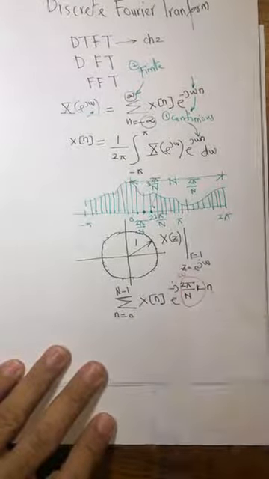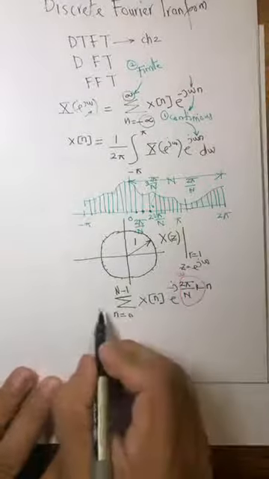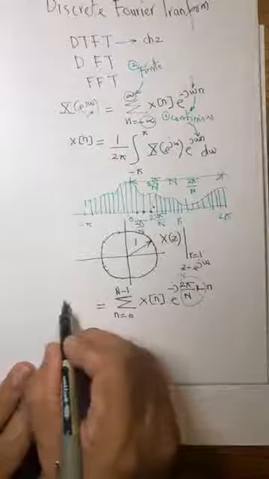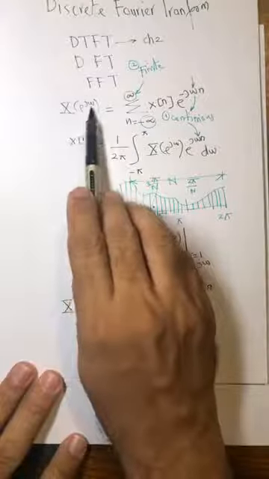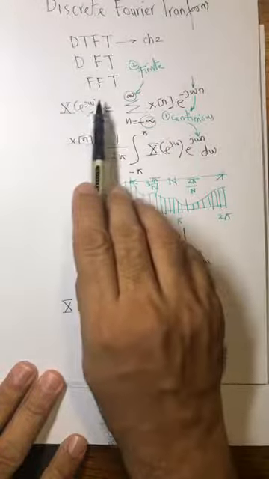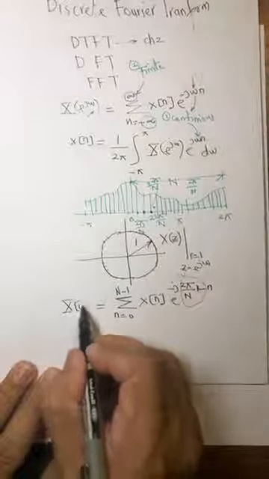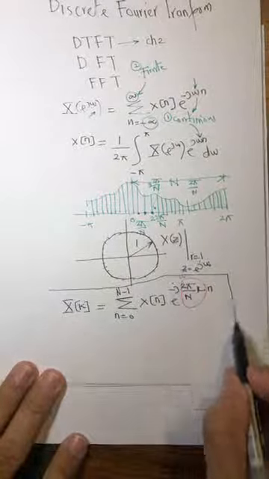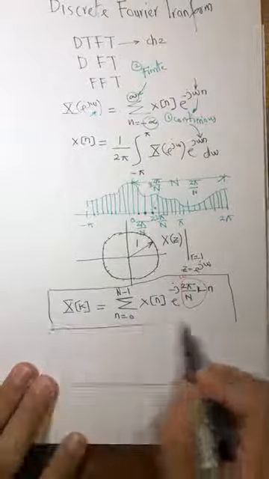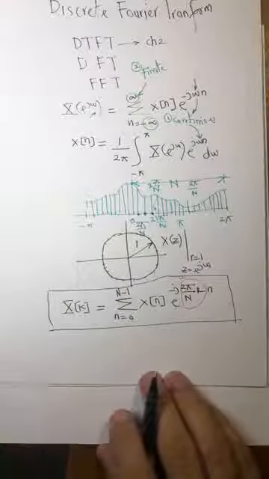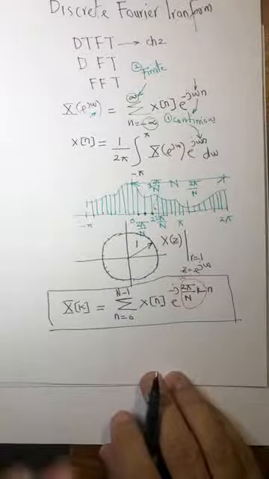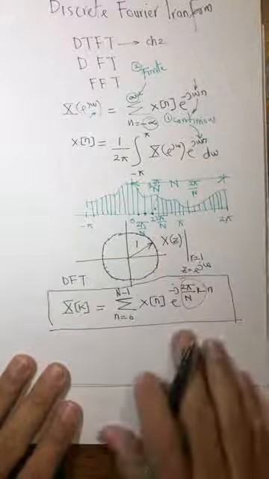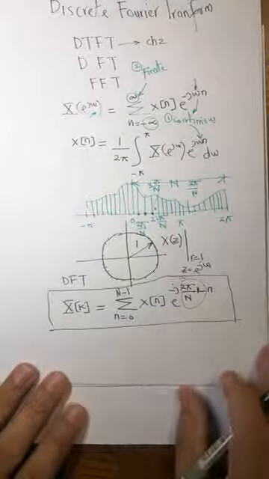Because now there is no omega, instead of writing a cumbersome expression exponential j 2 pi k over n, you simply write it compactly. So this is the formula for the discrete Fourier transform.